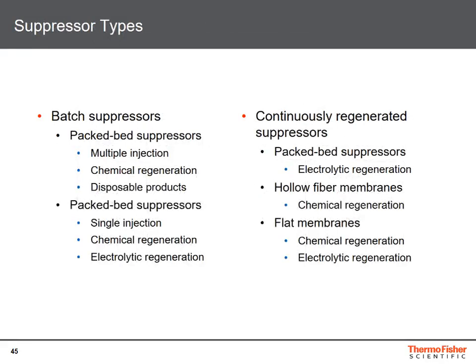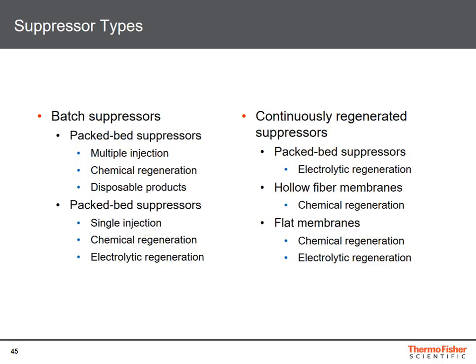There are numerous suppressor types available on the market today, and therefore it makes sense to differentiate and classify those suppressor systems. We differentiate between batch suppressors, which are typically called packed bed suppressors, and those are available for multiple injections or for a single injection. As we can see from this table, these suppressor types can be regenerated in two different ways, either chemically or electrolytically.